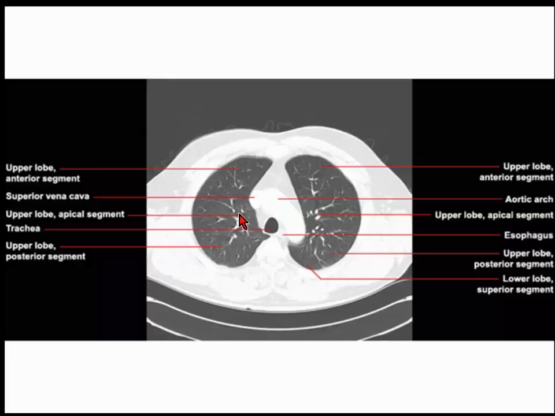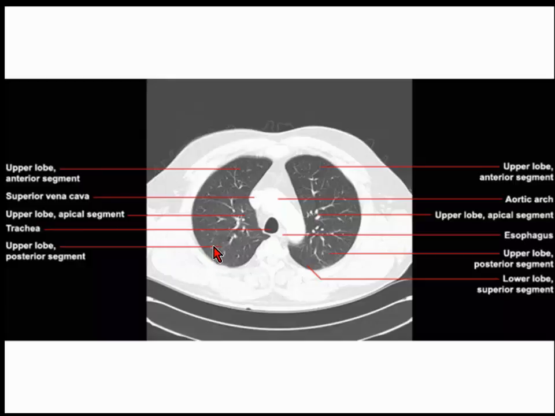But you are cutting through in an axis, so if you go up from here, this will become the most apical part because lung is like a convex and filling up the cavity of the thorax. So that's the apical, and if you find the fissure, that becomes the apico-posterior segment.